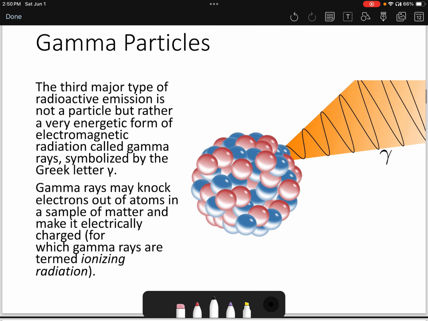And then gamma rays. Actually, these aren't particles, these are rays. This is the third major type of radioactive emission, and it's really just an energetic form of electromagnetic radiation. You might remember the electromagnetic spectrum, which is full of different types of waves with different energies. On the low energy side, you have things like microwaves, which are super low in energy, nothing to really worry about.